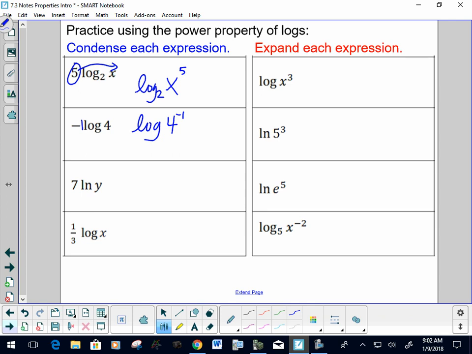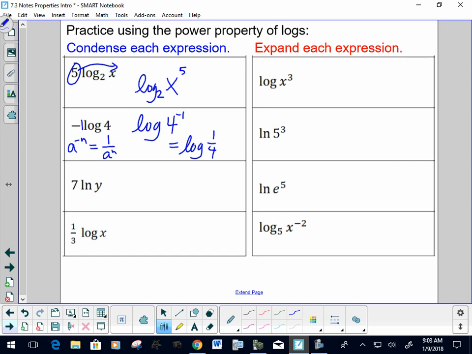And sometimes we don't like to have those negative powers, so we could write this as the log of 1/4. So the negative log of 4 is exactly the same as the log of 1/4. Again, if you're wondering where that came from, it's this rule of exponents. A negative exponent means that I can move that to the denominator with a positive exponent.